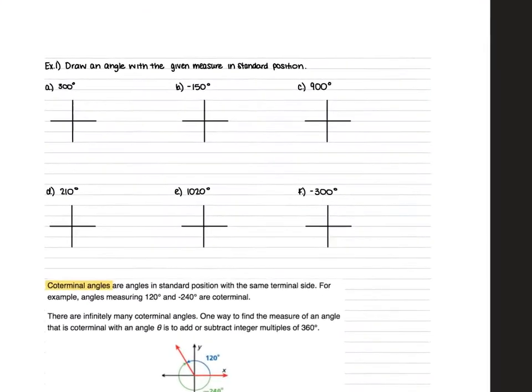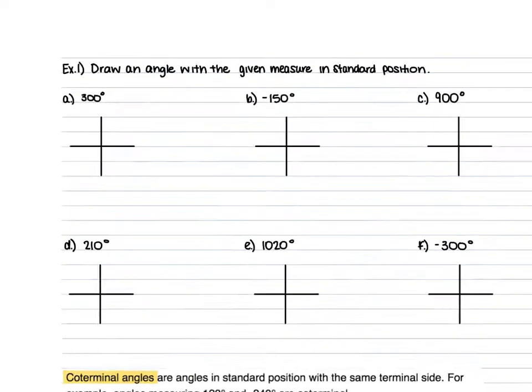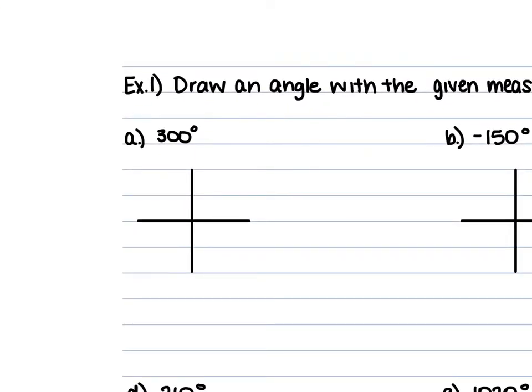For our first part in this lesson, we are drawing an angle with the given measurement in standard position. With these, you want to give yourself your parameters. You know that you're going to start on the positive x-axis. So our initial side will be on that positive x-axis. Remember, that's 0. Your 90-degree angle is the top one, then it's 180, then 270.